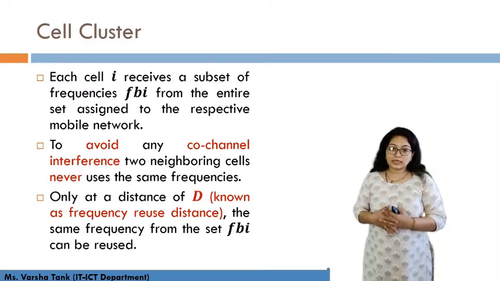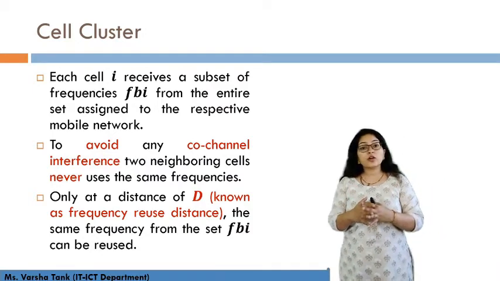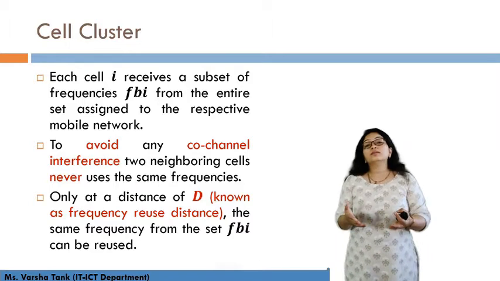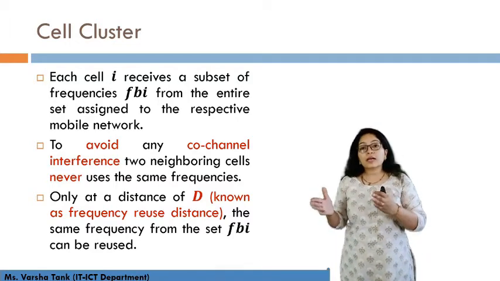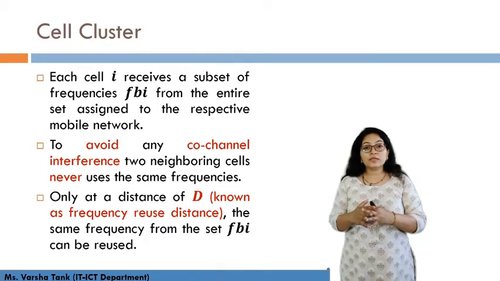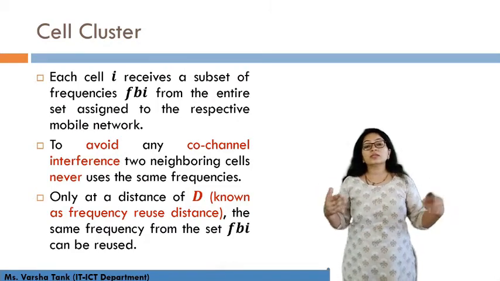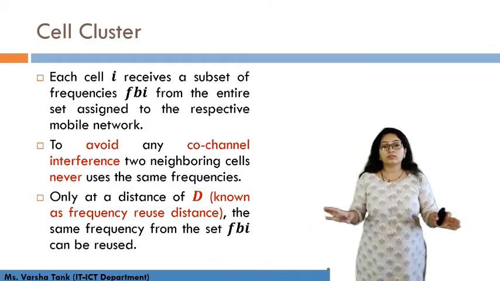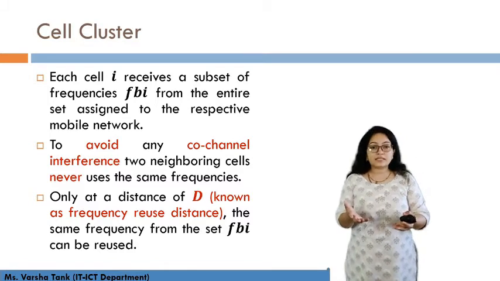Frequency reuse should happen at the same distance. For example, you cannot use F1 at a 10 meter distance and F2 at a 100 meter distance. That is not possible. I am just giving an example.